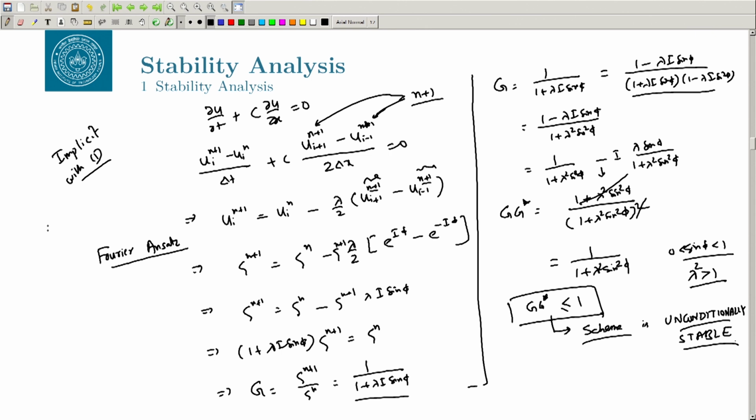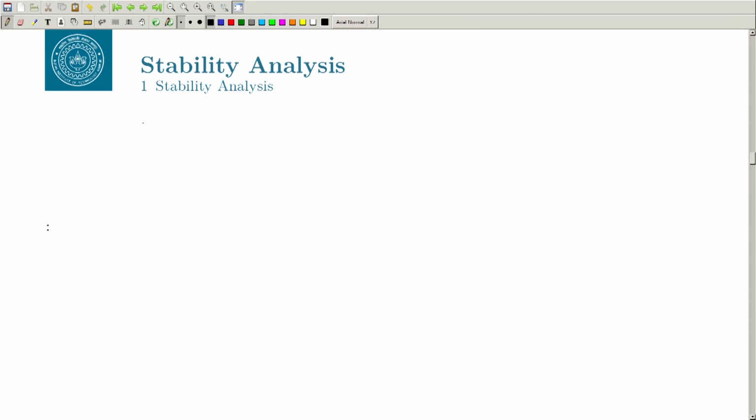Now one thing remains that needs to be seen, as we have discussed earlier. For solving the convection problem, we have used the FTBS scheme, and we have seen many times that the scheme is stable for lambda less than or equal to 1, or basically C delta t by delta x less than or equal to 1.